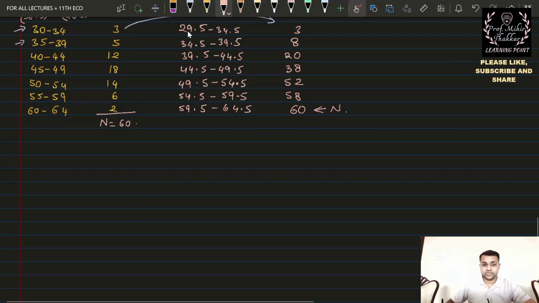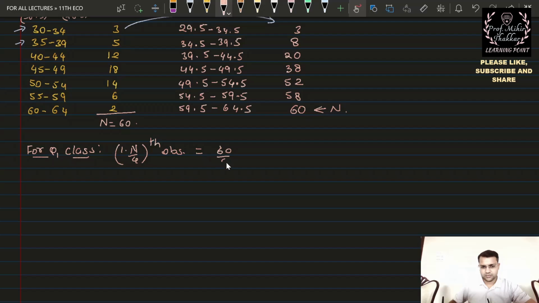Now for the lower quartile, you should first of all get the Q1 class. So we write over here, for the Q1 class, it is 1 into n upon 4th observation, which is nothing but 60 upon 4th observation, that is the 15th observation.